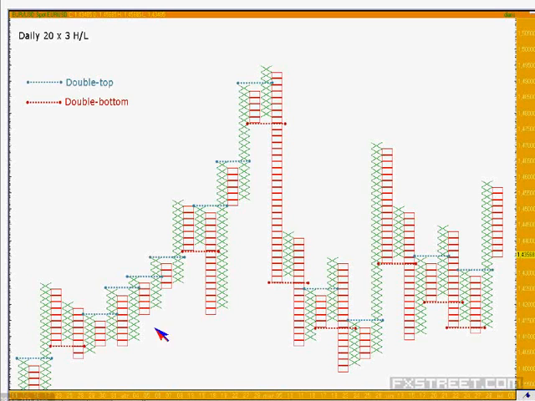Okay, so you see here during this ascending move, there are a series of continuation double tops being drawn. Within the trend there is a correction which printed in that case a double bottom, and subsequently you see another two double tops being printed.